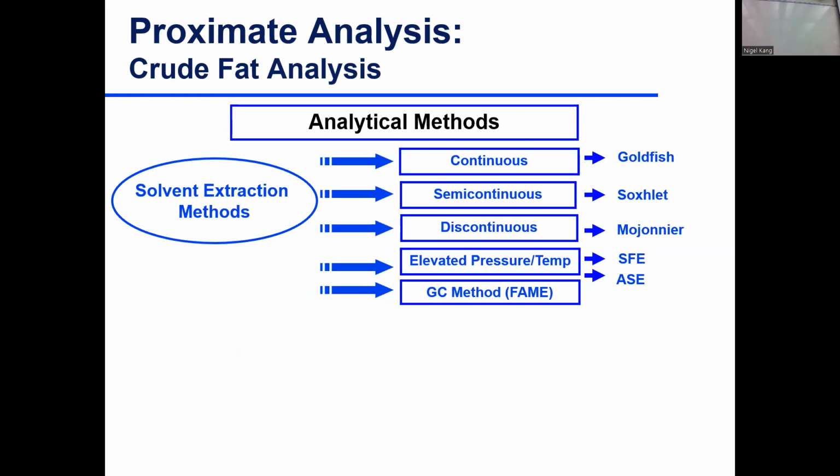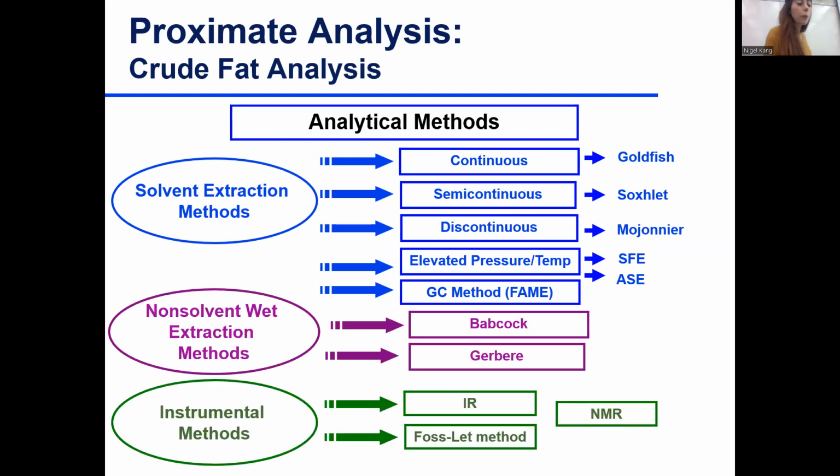Methods we can use for fat analysis. We can divide them into three main categories: solvent extraction methods, non-solvent extraction methods, and instrumental methods. Solvent extraction methods, depending on the method, can be continuous, semi-continuous, or discontinuous.